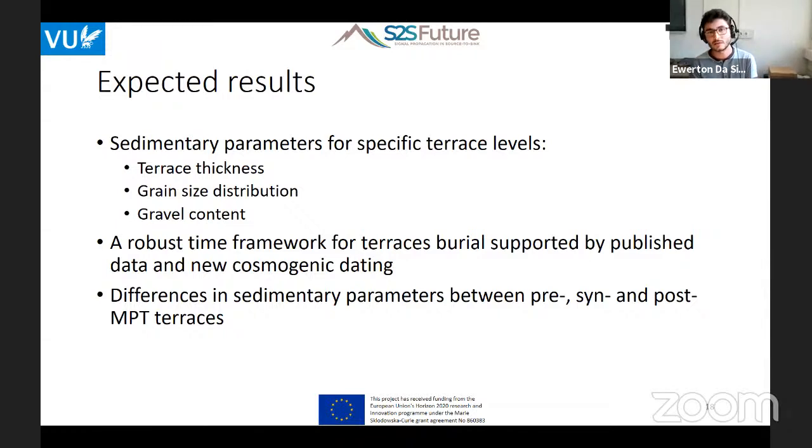So for the terraces that were formed before the mid-Pleistocene transition, we expect some kind of results. And for the ones that were formed during and after the mid-Pleistocene transition, we expect to find a difference. This would be the signal that we expect to find. And perhaps this could make us understand better how a river system responds to the mid-Pleistocene transition.